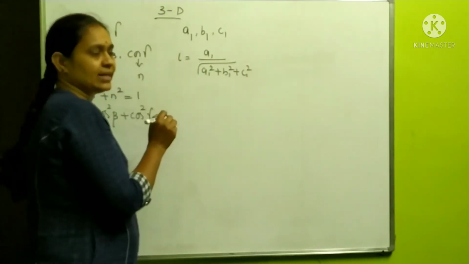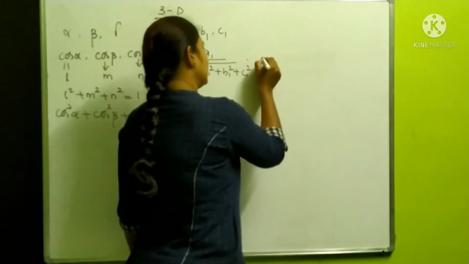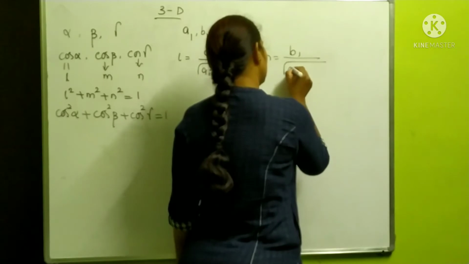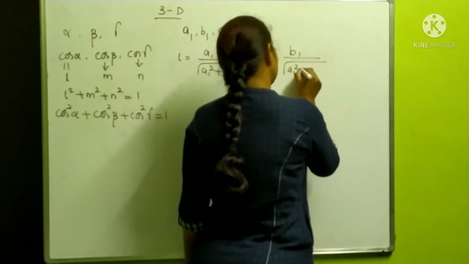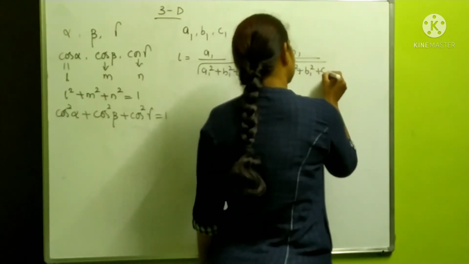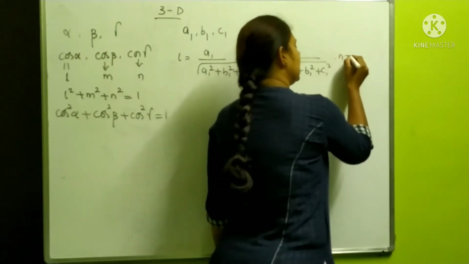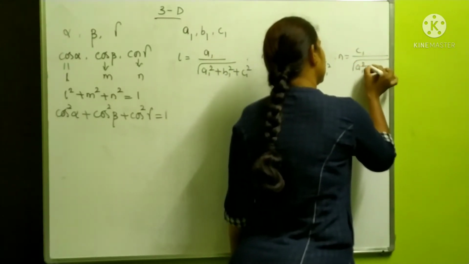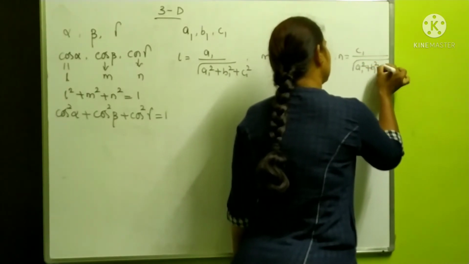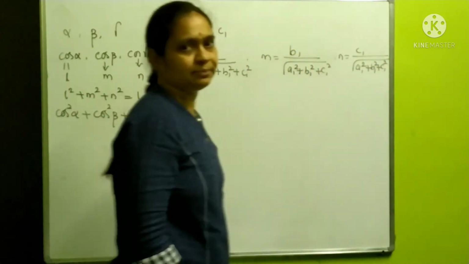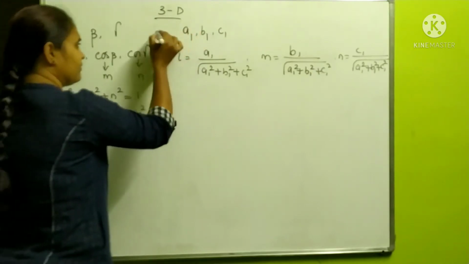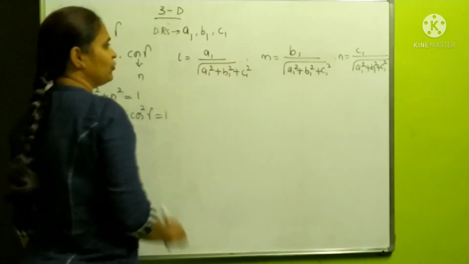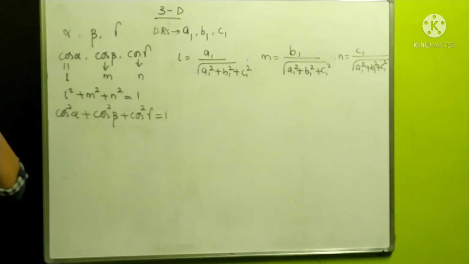M is equal to B1 divided by root over (A1 square plus B1 square plus C1 square), and N is equal to C1 divided by root over (A1 square plus B1 square plus C1 square). If they give direction ratios, this is how you have to find the direction cosines.